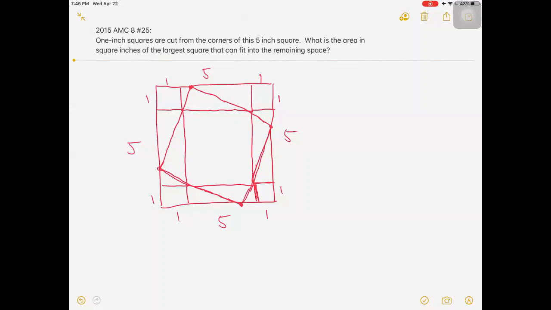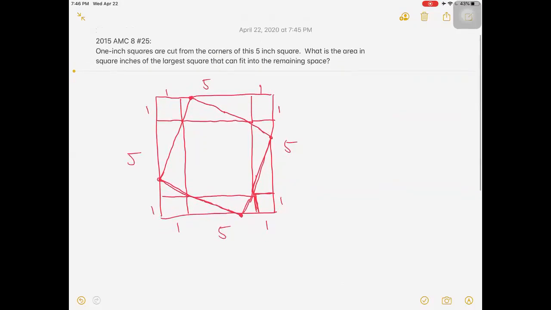I'll let you guys think for a moment, but do you guys have any good strategies for this question? Okay, yeah, Jennifer says find the base of the triangles, which is really good.